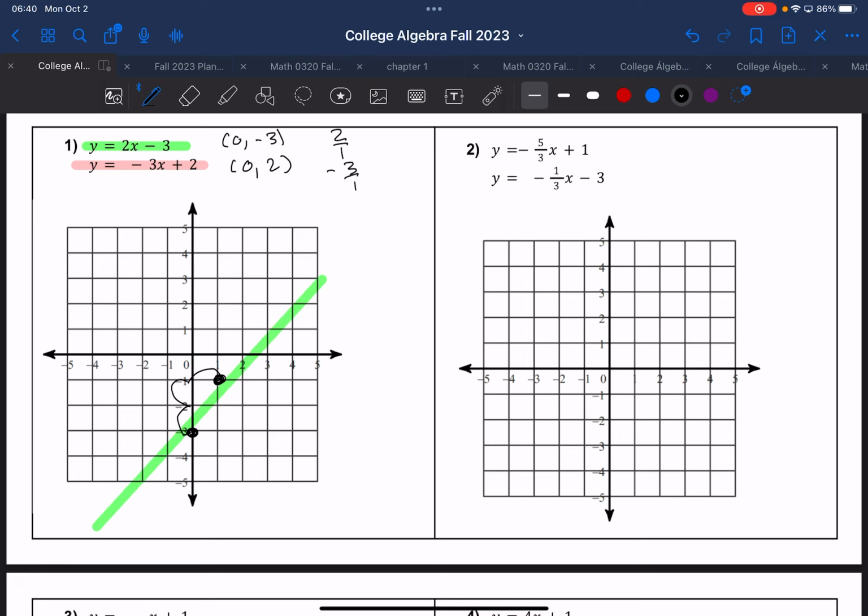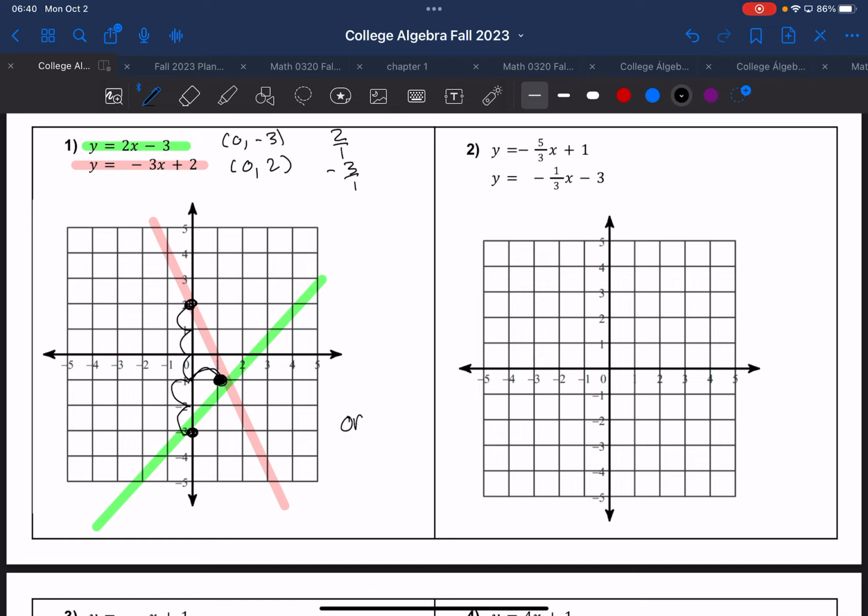Then I look at my information for the second line, so I plot that 0, 2. And this -3 over 1 is telling me to go which direction? Up 3 or down 3? Down 3. And then right 1. Notice right there that they share that point. So that's going to be what type of solution?